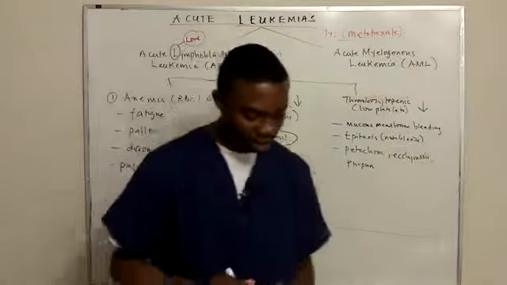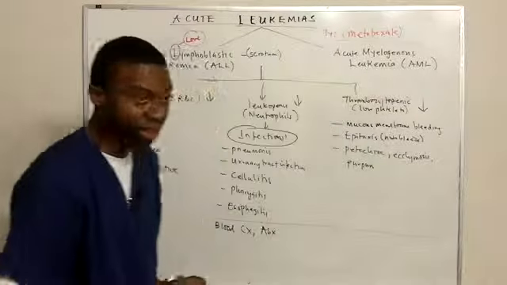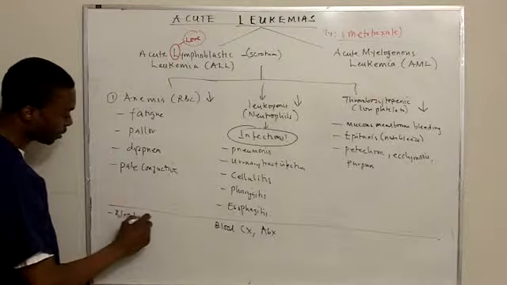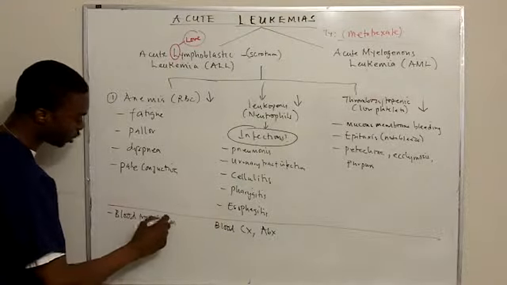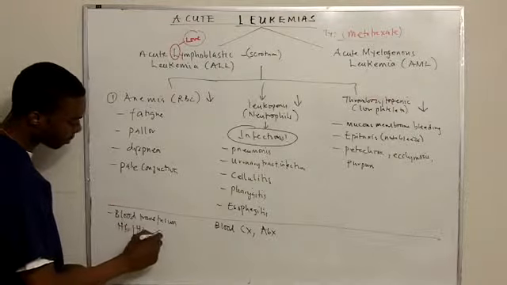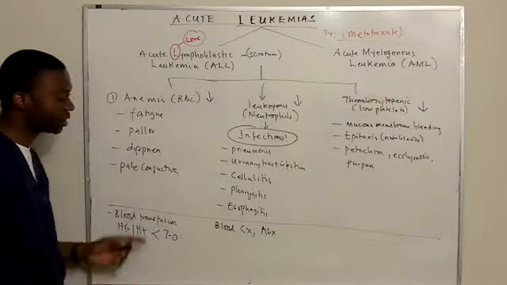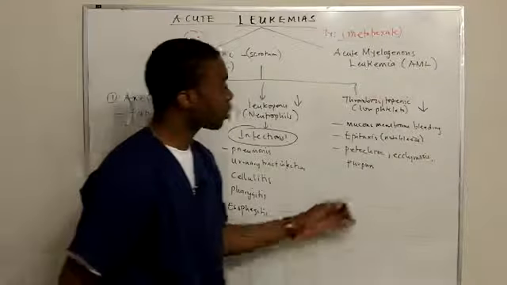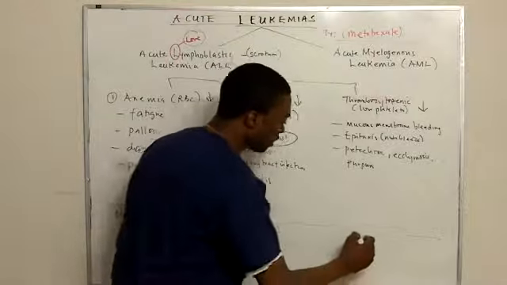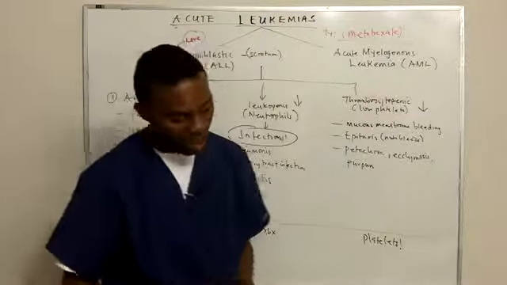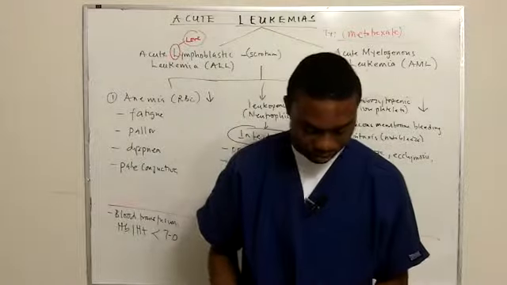If they're anemic, they might require a blood transfusion, especially if their hemoglobin is less than 7. And also, if their platelet count is low, what do we give them? We give them platelets back so they stop bleeding.